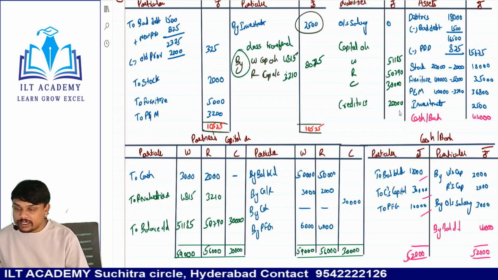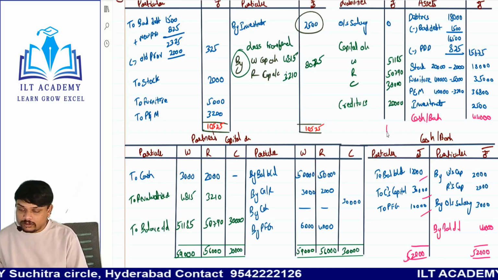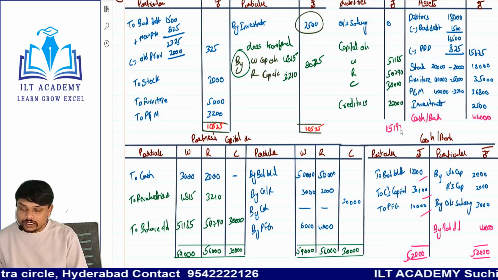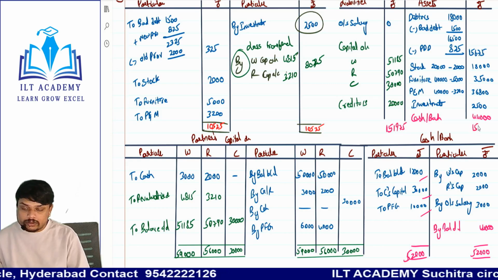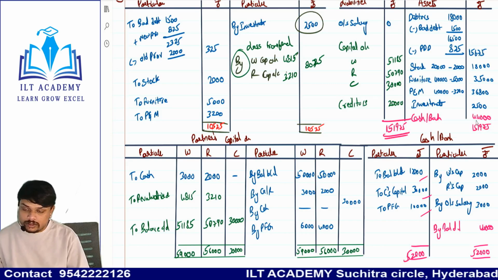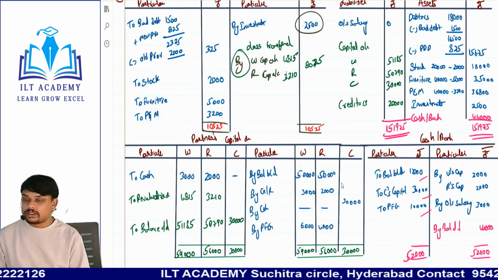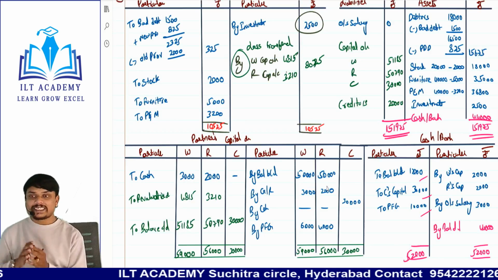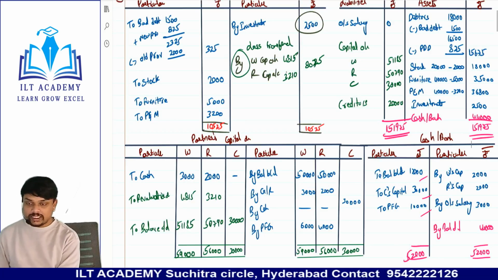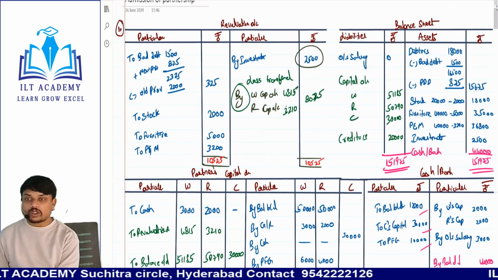So the total value of the balance sheet is 51,975. Understood now? Now let us understand how to write journal entries.